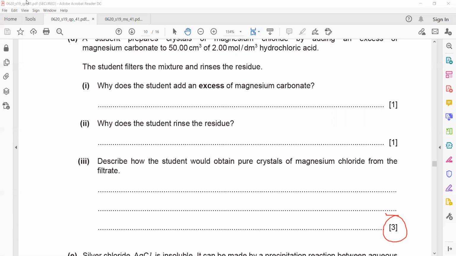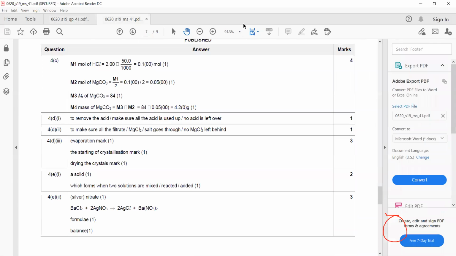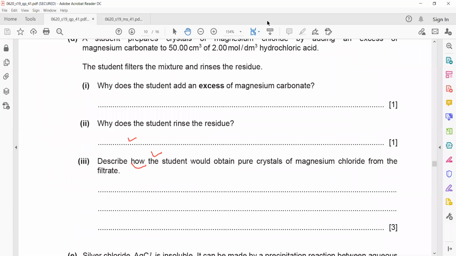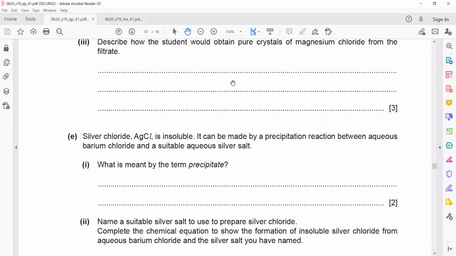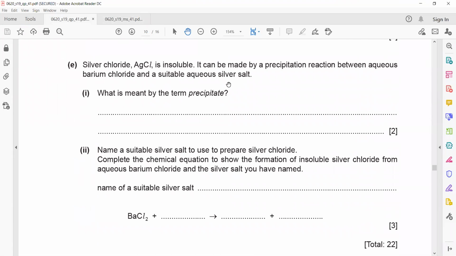You have to explain the steps of crystallization, like heat and concentrate the solution, second mark, and then dry the crystals. Yeah, heat, concentrate, cool down, and then filter and dry the crystals. All the 3 steps of crystallization.